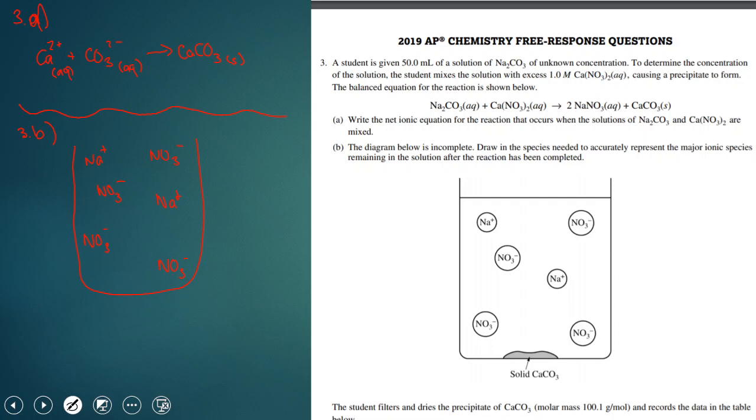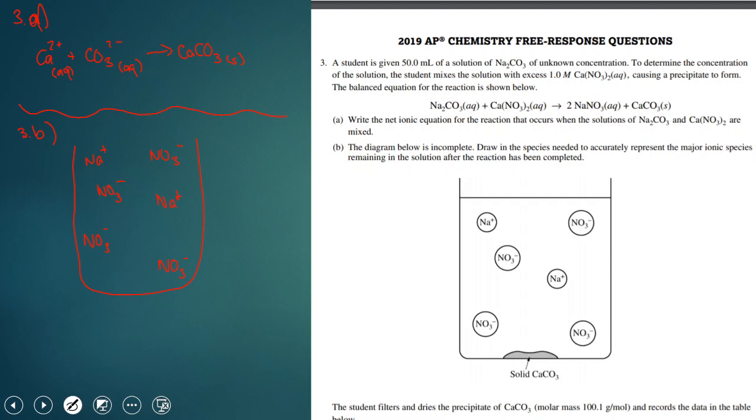Well, in our beaker we have 2 sodium ions. If you look at the formula for sodium carbonate, every 2 sodium ions corresponds with 1 carbonate ion. So 1 carbonate ion requires 1 calcium ion in order to precipitate. So assuming that there's no carbonates left, we only had 1 to start off with, which means that we only required 1 calcium. Alright, what's left?